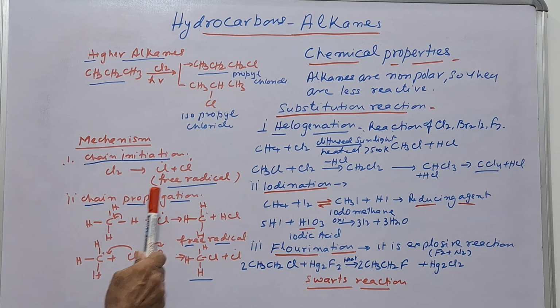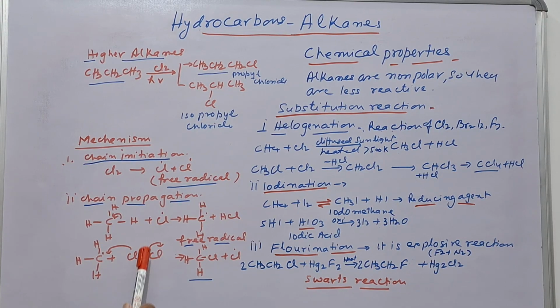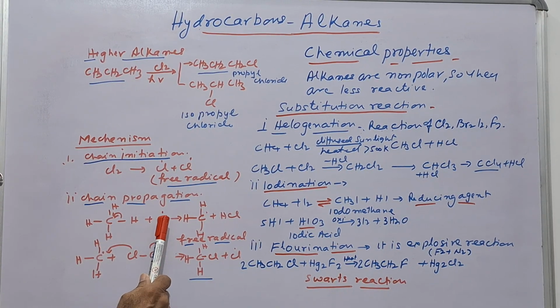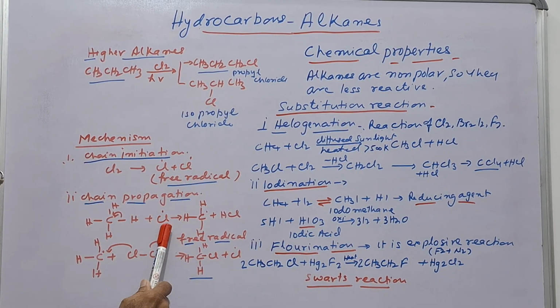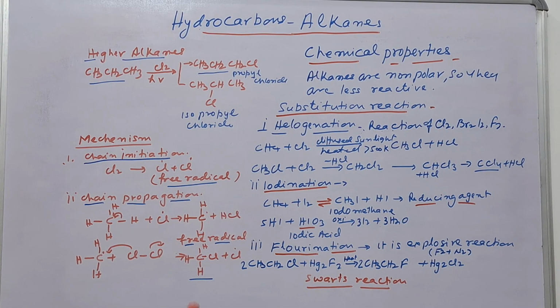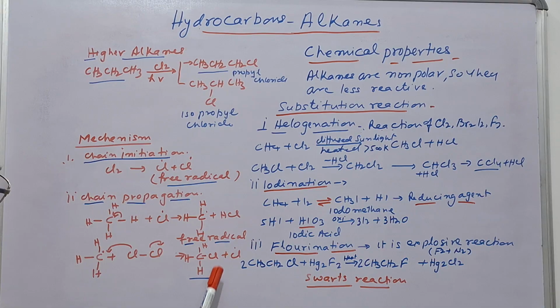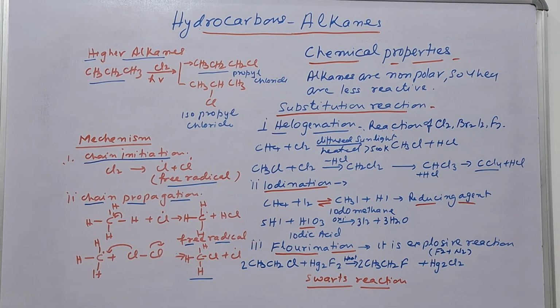Second step is chain propagation. Here in methane, one hydrogen atom is replaced by this chlorine free radical, and again a free radical, that is methyl radical, is formed, and this methyl radical then reacts with a chlorine free radical to form chloromethane.